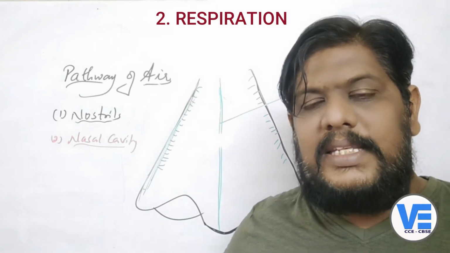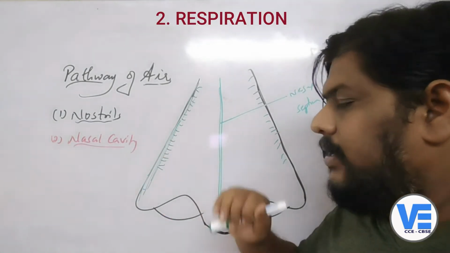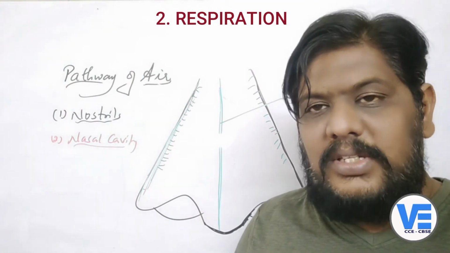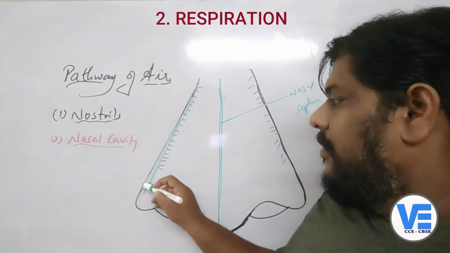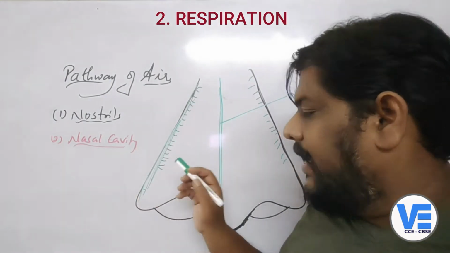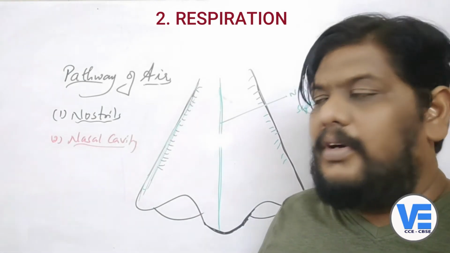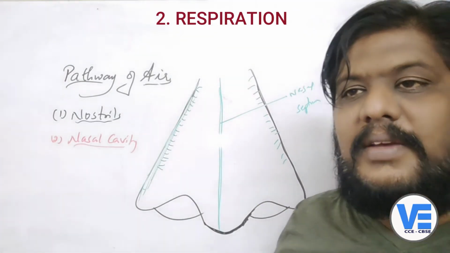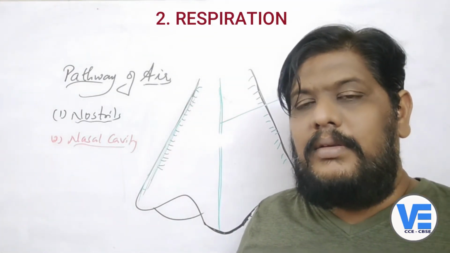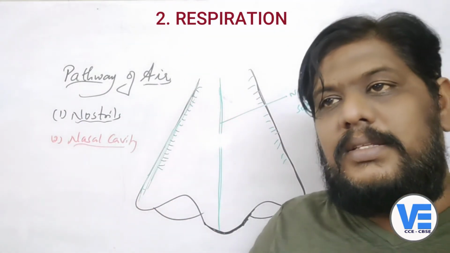The tiny dust particles which enter with the air are stopped by these hair-like structures and also the mucous membrane. So the major work done by the nasal cavity is filtration of the air with the help of the mucous membrane as well as the tiny hair-like structures.